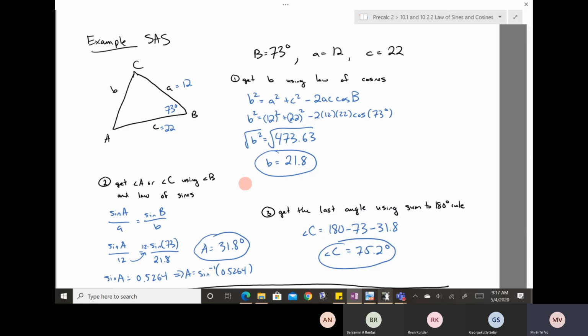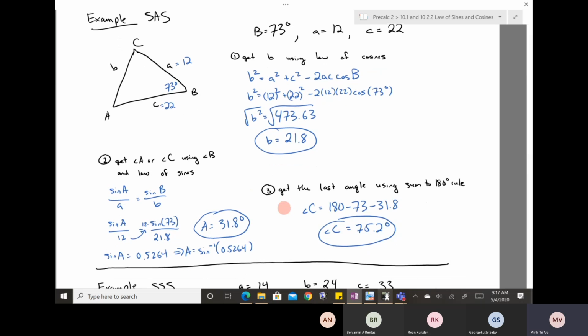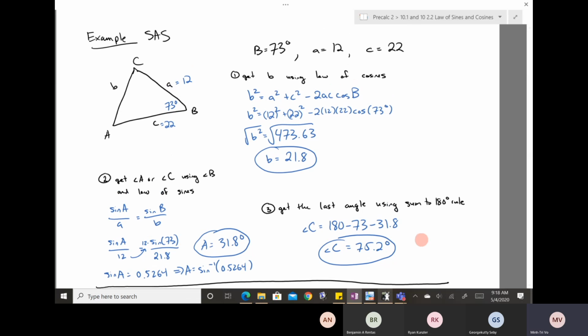Okay, so this is the SAS triangle. So again, you can figure out one of the sides using the law of cosines, but once you get that side, you can switch to using the law of sines to figure out the angle. So any questions on using the law of cosines?